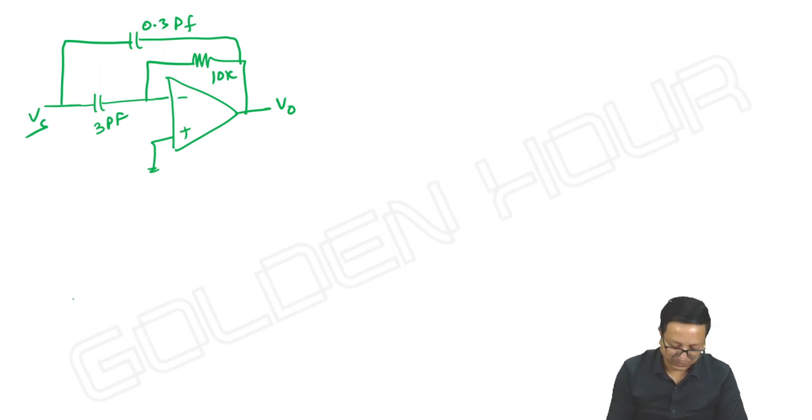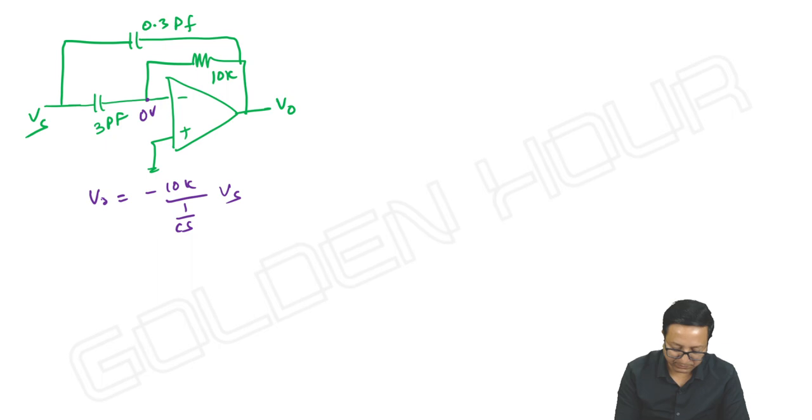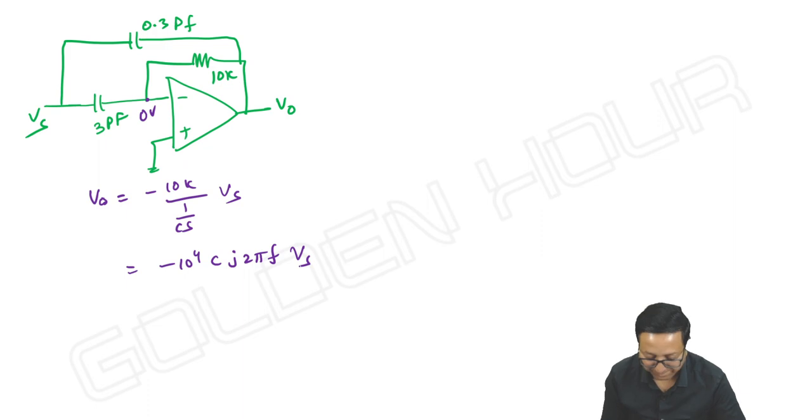Now what is the output? Just we can take this one, virtual short, it is 0 volts, and the node equation: minus this 10K by 1 by Cs into Vs. We are well aware. That is minus 10 power 4 into C into, instead of S I am writing j 2 pi F into Vs.